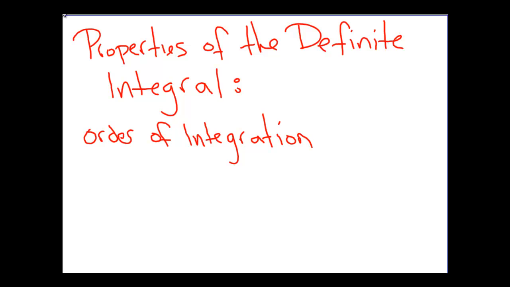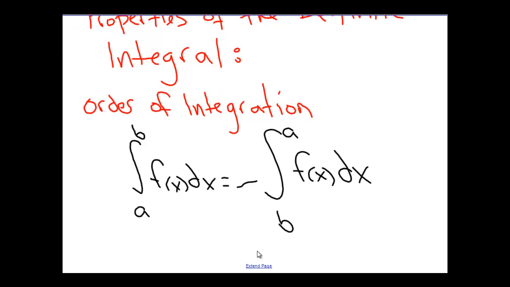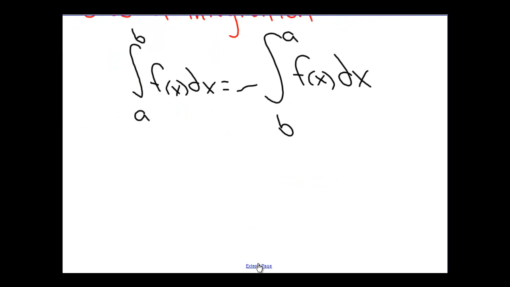This is by definition the way that integrals are set up, but the integral from a to b of some function f of x dx will be the opposite of the integral from b to a of f of x dx. In other words, switching the limits of integration results in getting the opposite sign on your final answer. Very important one, frequently can be used to help simplify some problems, and is a good trick to be aware of.